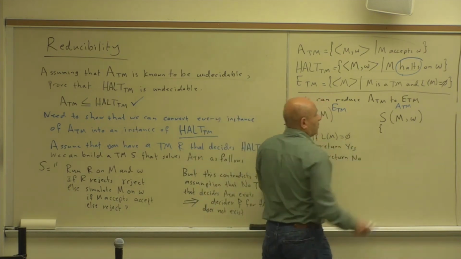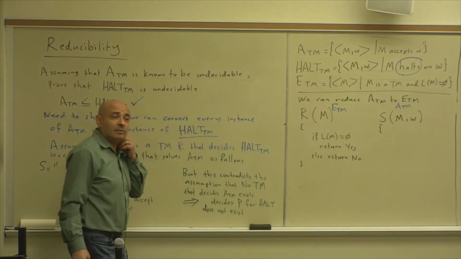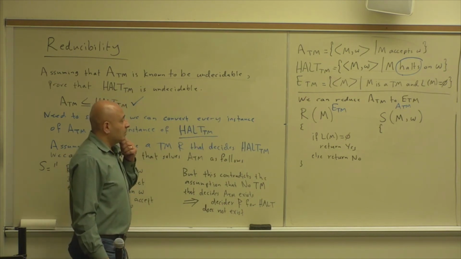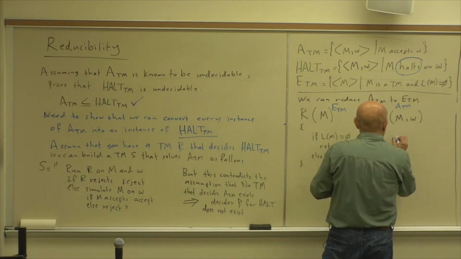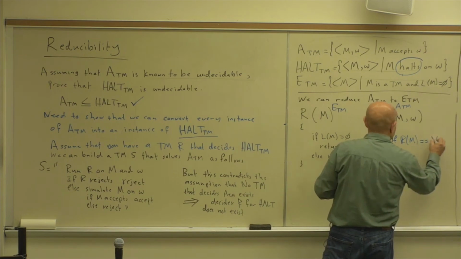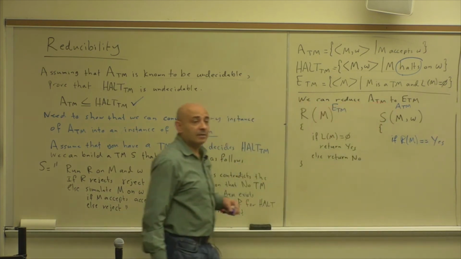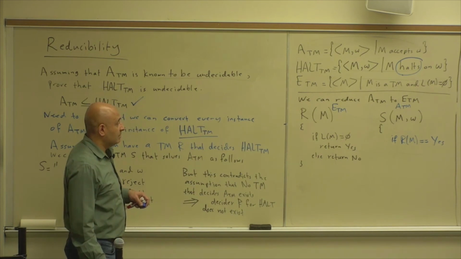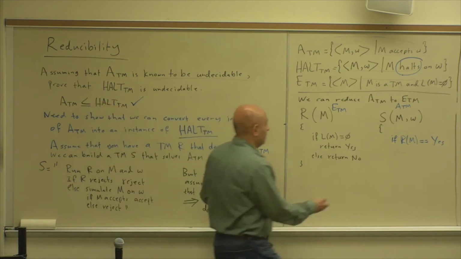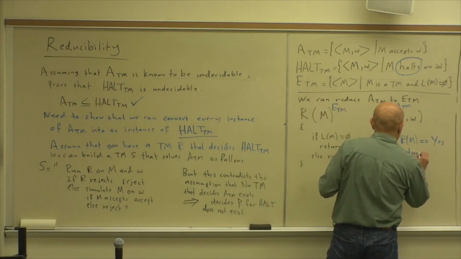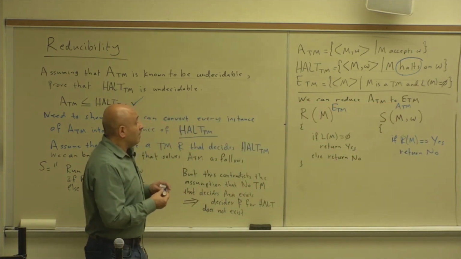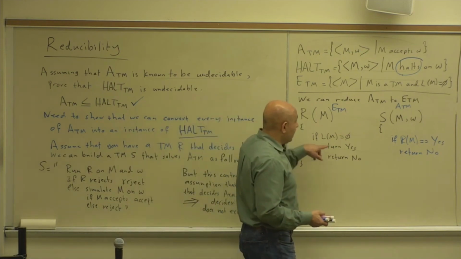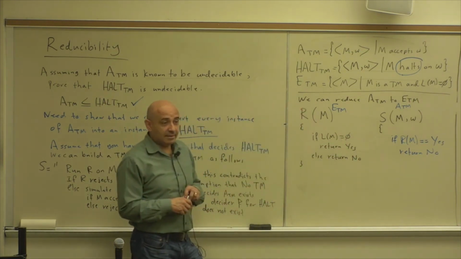What should we return for W? So we're given M and W, and we call R of M. If R of M equals yes, what should we do? Return no, definitely. If R of M equals yes, we return no, because this means that M does not accept anything, right?